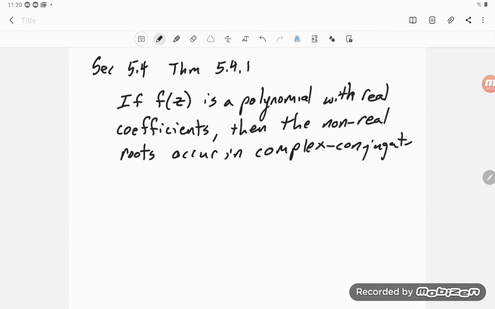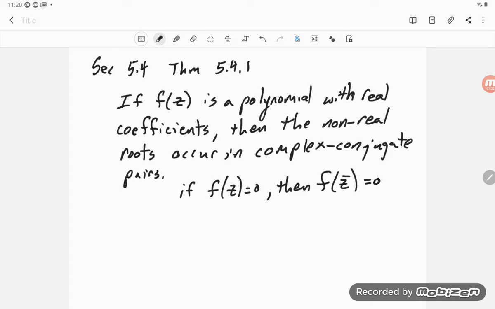Okay, conjugate pairs. So you see, and so they say, for instance, if f of z equals 0, then f of z conjugate equals 0 is what they're saying.